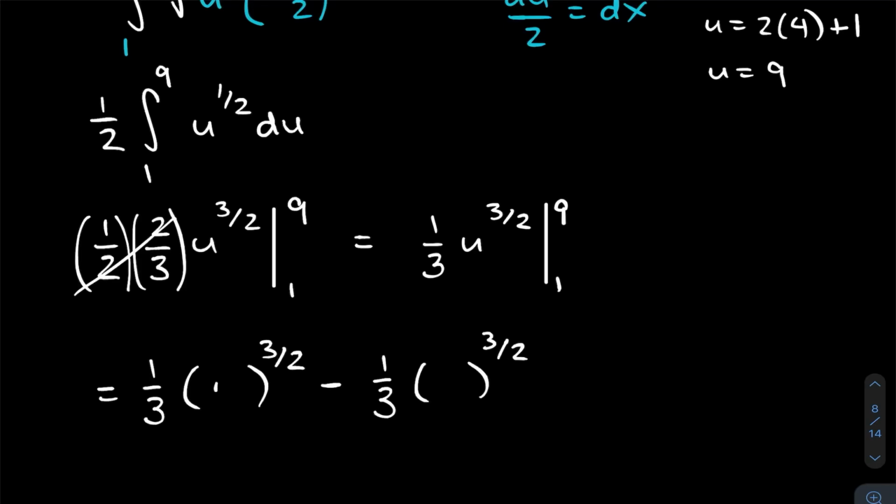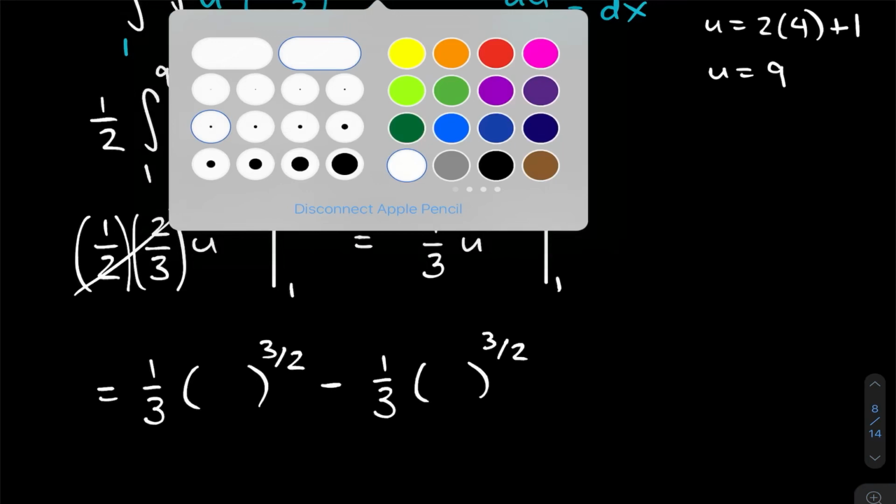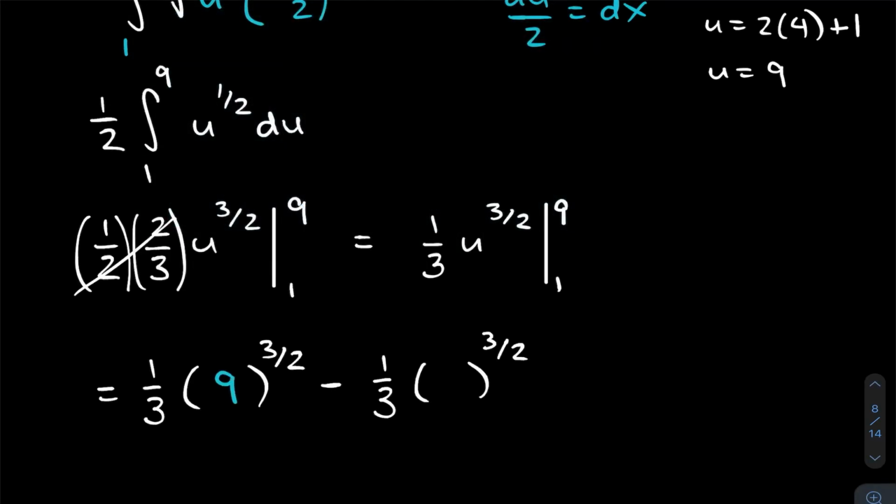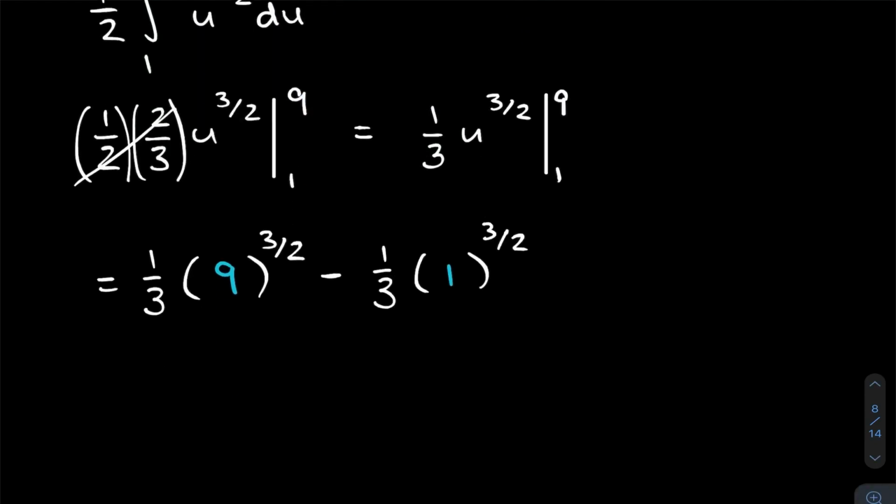Here, of course, you would have a u and a u. Here, we're saying that u is going to be your upper bound, right? And so I'll write that with a different color to make this more obvious. And then here, your u is going to be your lower bound. Okay? That's it.